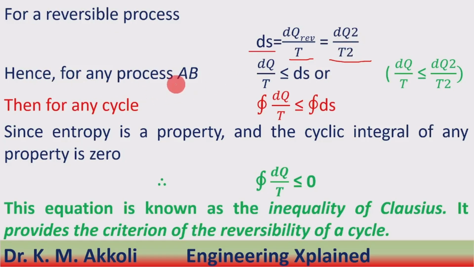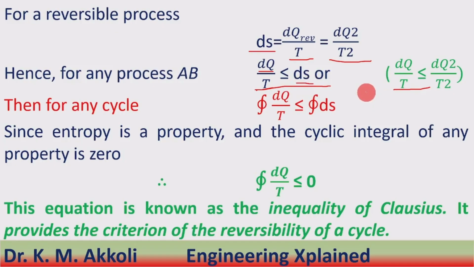Hence for any process we can write, where dq is the heat supply and T is the temperature, dq by T is less than or equal to ds, because dq by T is less than or equal to dq2 by T2. Substituting dq2 by T2, we can write dq by T for any process is less than or equal to ds, the entropy.